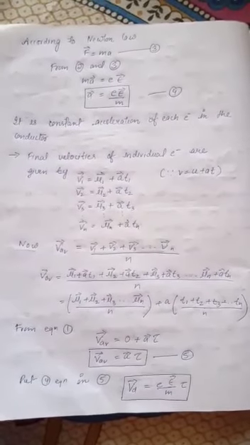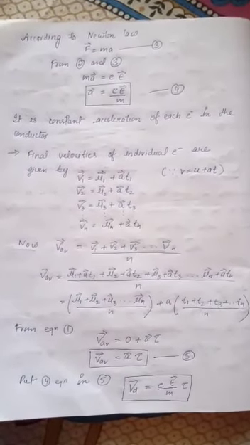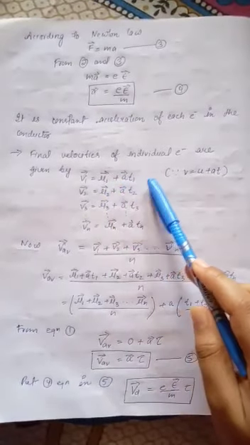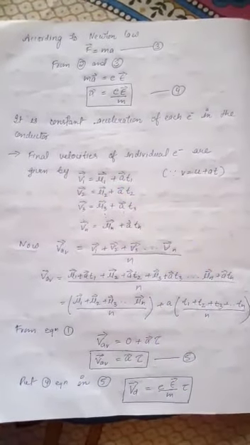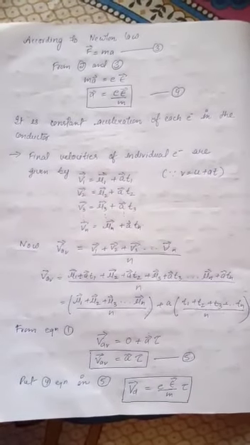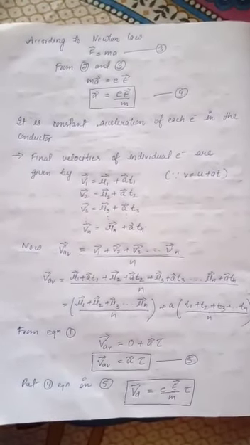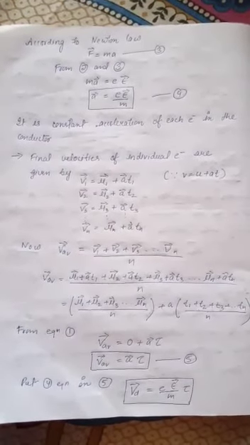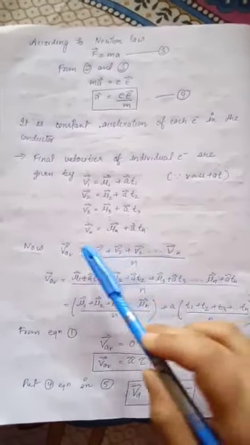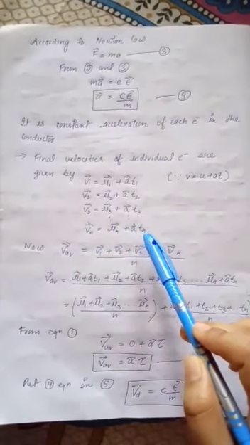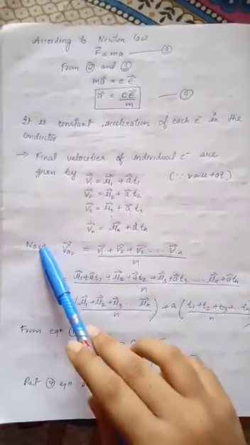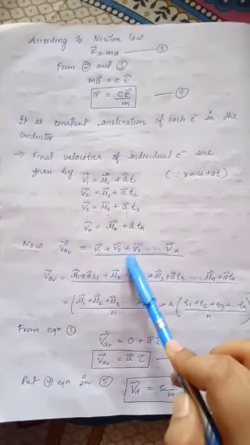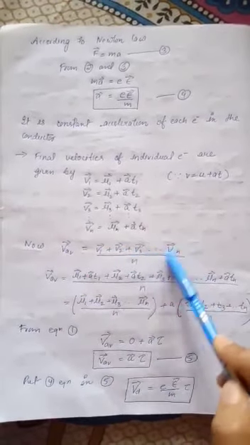Now the final velocities of individual electrons are given by v1 = u1 + at1, v2 = u2 + at2, v3 = u3 + at3 and vn = un + atn, where v, u and a are vector quantities. Now the average velocity is equal to (v1 + v2 + v3 + ... + vn)/n.